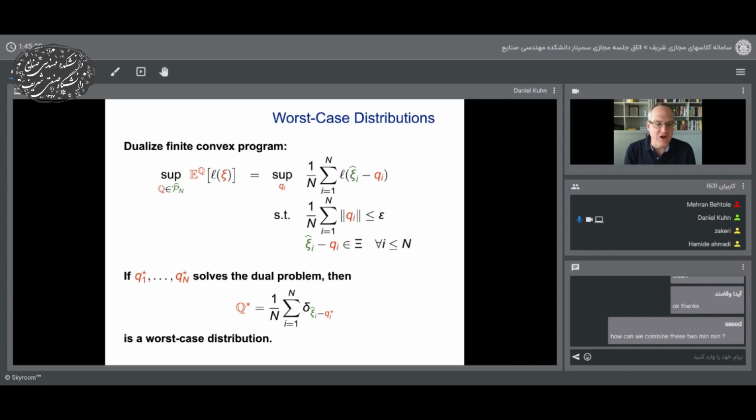Then I can construct a distribution capital Q star as the empirical distribution on the perturbed samples, xi_i hat minus q_i star. Because of this result, this is actually the distribution that attains the worst case in our maximization problem. So I can explicitly construct the worst case distribution.